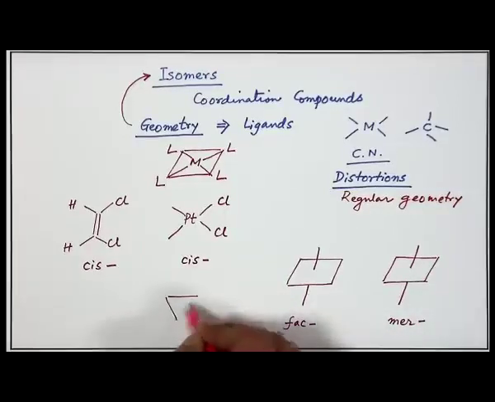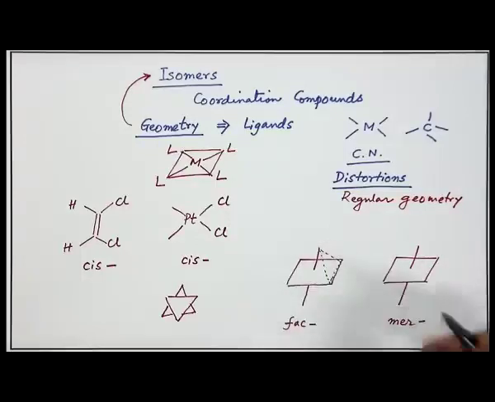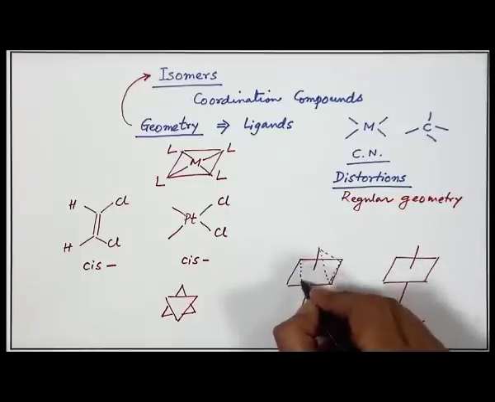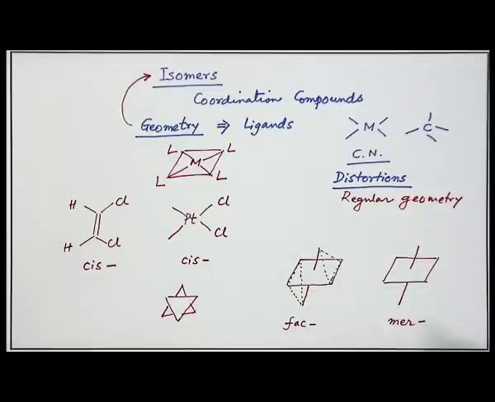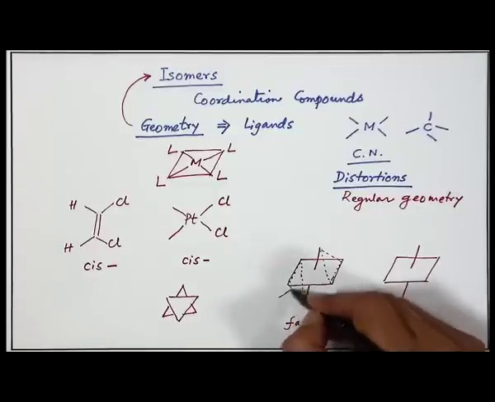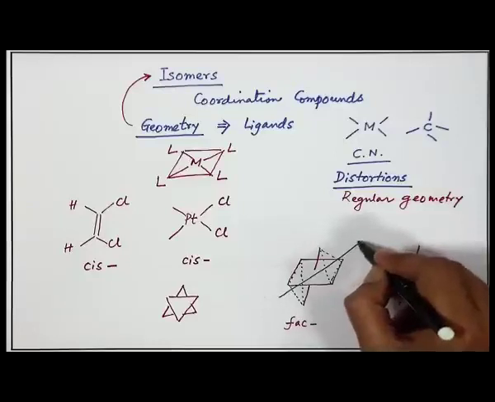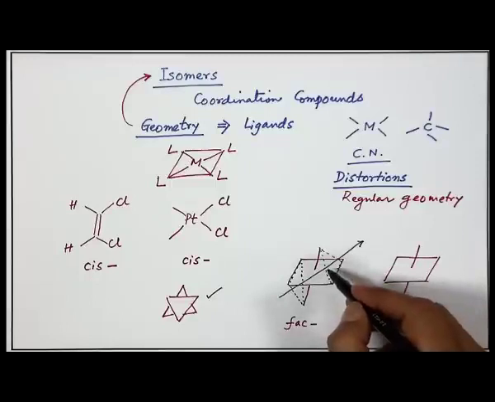I discussed earlier that we can draw a typical octahedron by looking through the trigonal face. What is the trigonal face? This particular face is one trigonal face, and opposite to that is the other trigonal face. If we pass one line through the center of these two faces, it will look like this, with one staggered to the other.